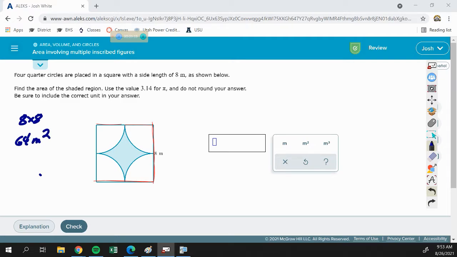Okay? And what about the circle? How much of a circle do we actually have? All of it, and the radius is 4. So we would do 3.14 times 4 squared. And which one of those is going to be bigger?